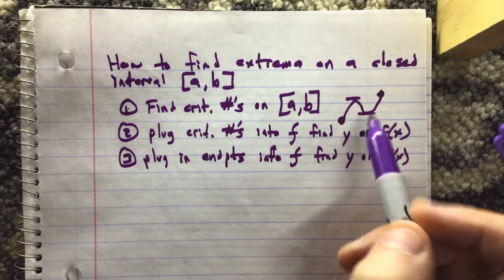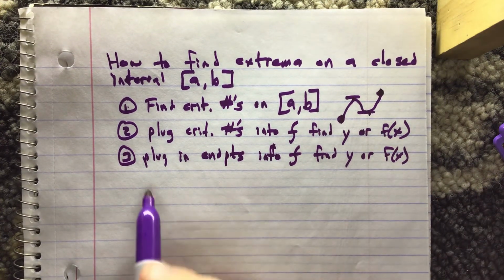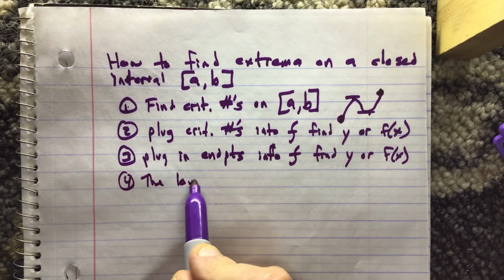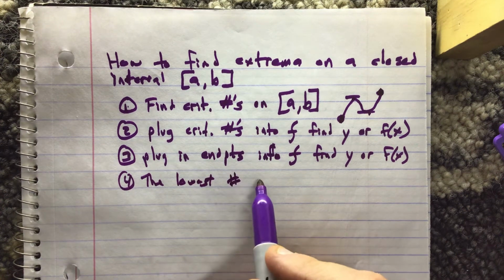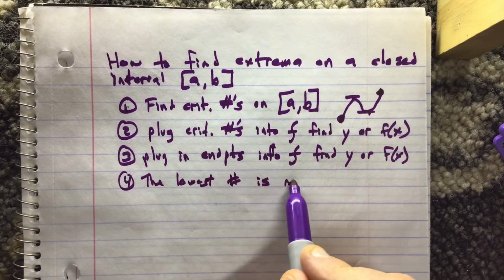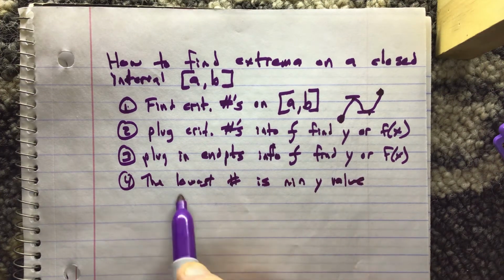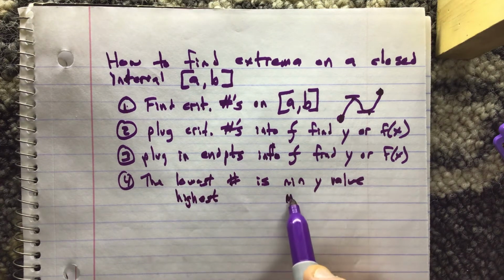You'd have the y value here, here, here, and here. And then just look for the lowest and the highest. The lowest y value, or the lowest number that we get, is the minimum y value, and the highest is, of course, the max.